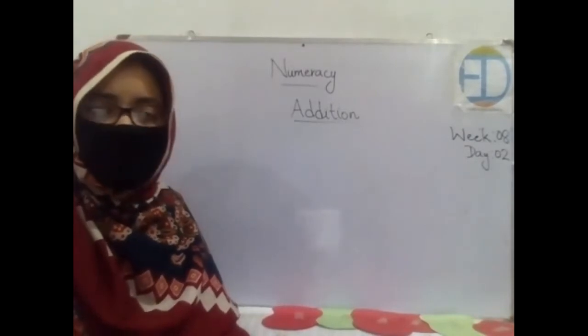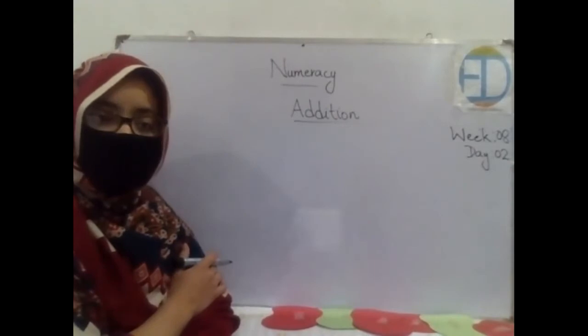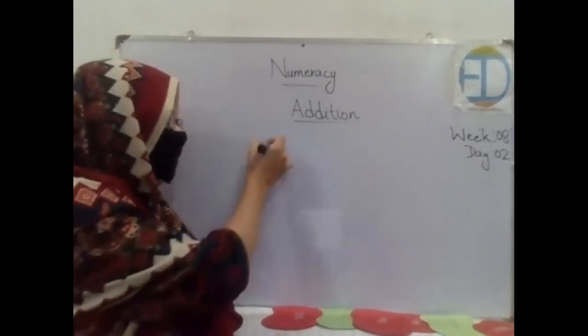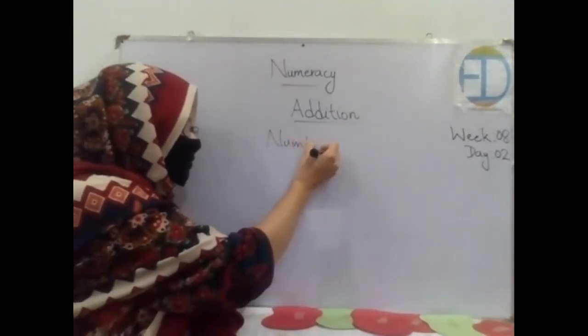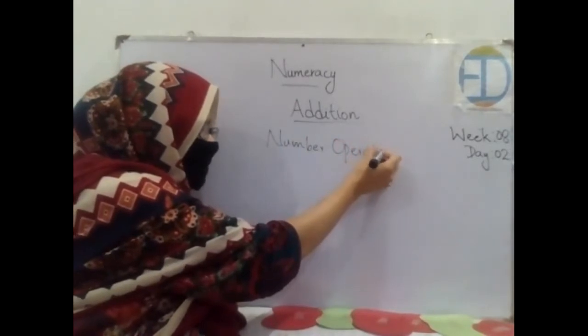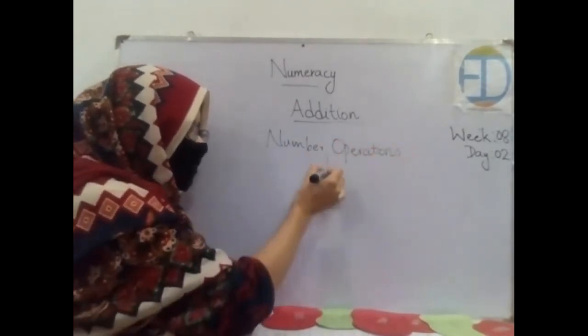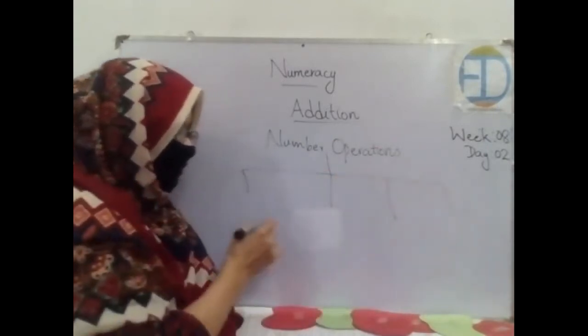Can anybody tell me how many types of number operations are there? Four. Excellent. Can you name them?